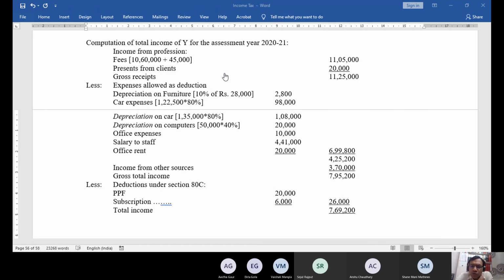Otherwise a firm also has to follow the same provisions of PGBP: same sections 28, 29, 30 to 35DDA, 36, 37(1), 37(2B), 40 clause A, 40A, 43B, 44ADA, 44AD and 44AE. But a firm will have one more additional section, 40 clause B. So I will discuss on Thursday assessment of partnership firm.